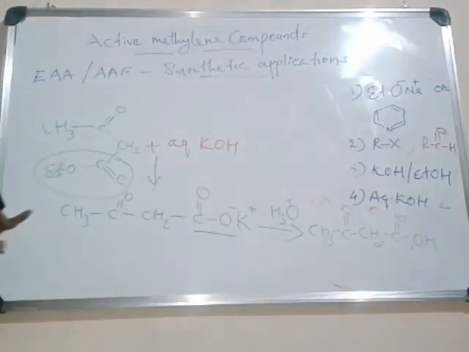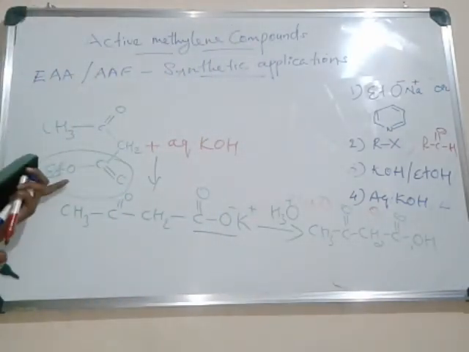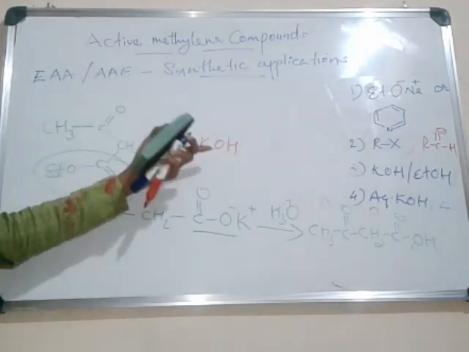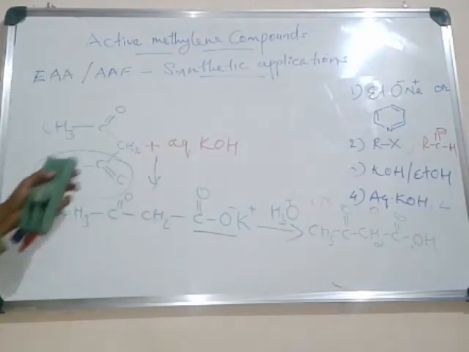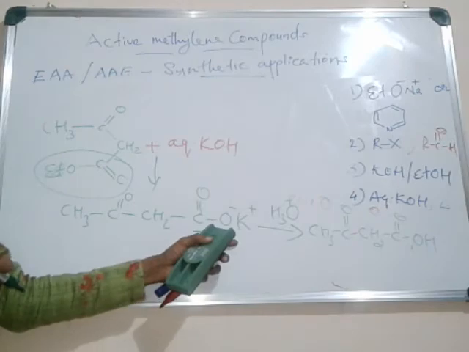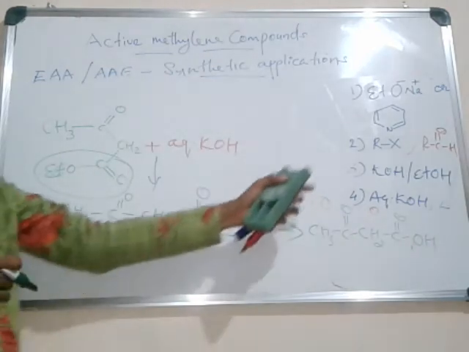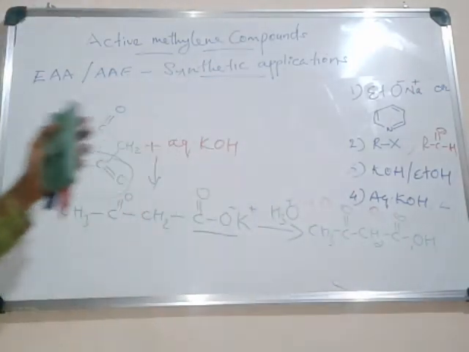When we hydrolyze an ester with KOH or sodium hydroxide, we get the corresponding salt, and this salt on acid hydrolysis gives the corresponding acid.